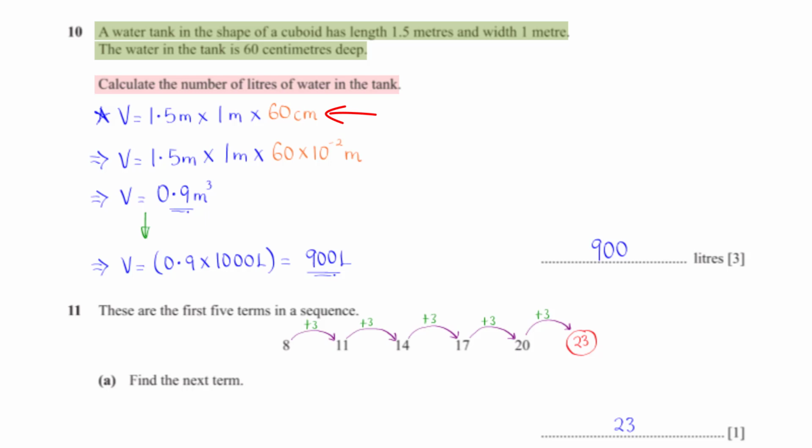The width is 1 meter and the depth is 60 centimeters. So to convert 60 centimeters to meters, we multiply by 10 raised to the power negative 2. So we get our volume as 0.9 meters cubed. We need to have our final answer in liters, and so to do that, we multiply 0.9 by 1000 liters, and so that gives us our final volume as 900 liters.